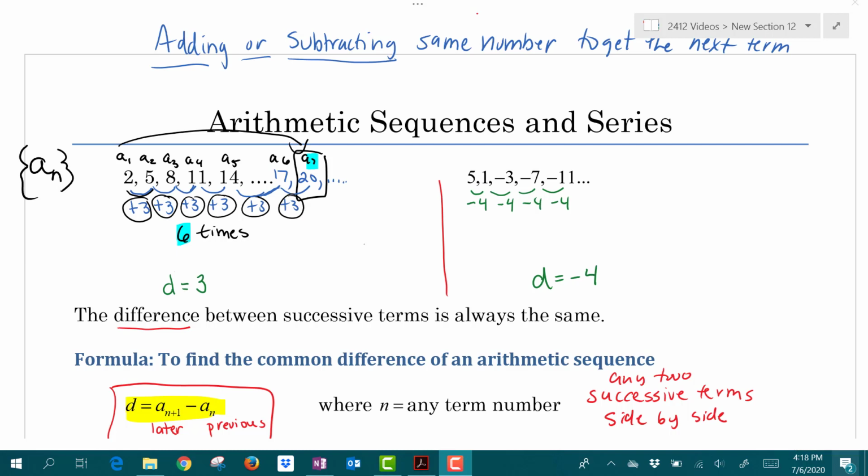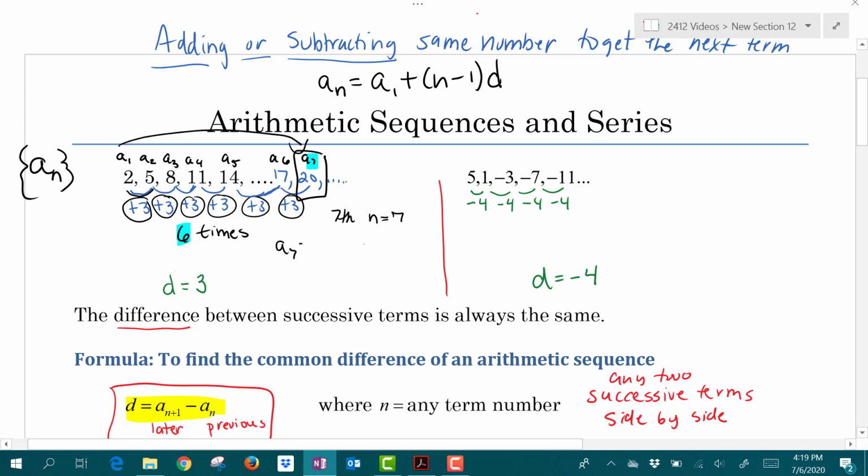So let's say that I want to use that formula to find the 7th term of this sequence. We're going to set n equal to 7. So first I'm just going to go ahead and write out what that formula was. It's a sub n equals a sub 1 plus n minus 1 times the common difference. So we're setting n equal to 7.